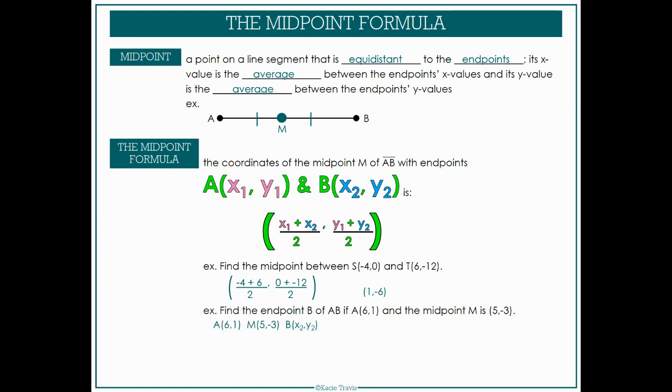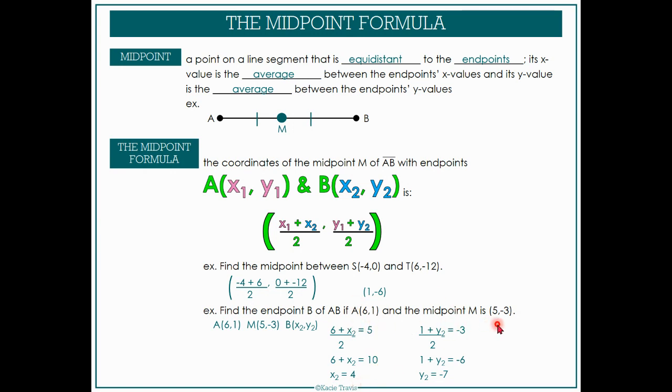We got these 3 points. I'm looking for what B is. So I know that 6 plus whatever that x value is for B, divided by 2, is 5. I can go through and hit the algebra up with this by getting rid of the 2, by multiplying it to the 5, and then subtracting the 6 and getting 4, which is what I was saying earlier.